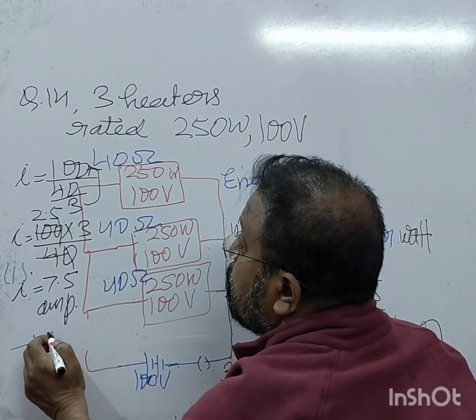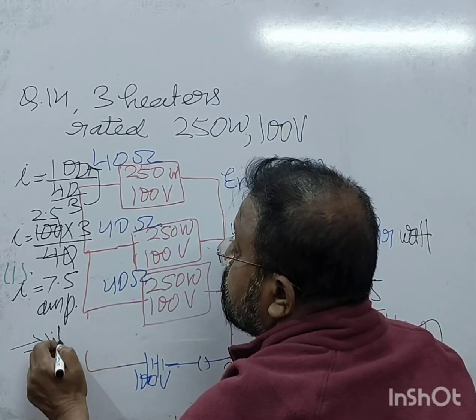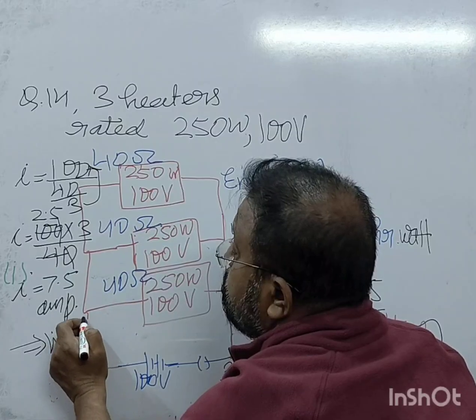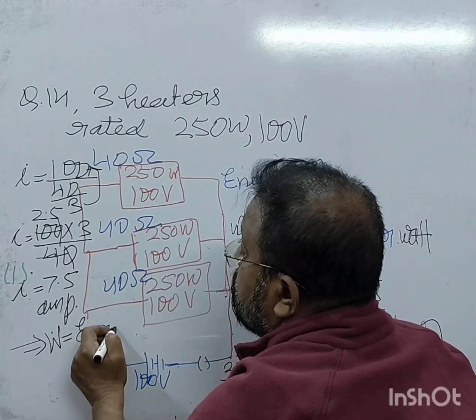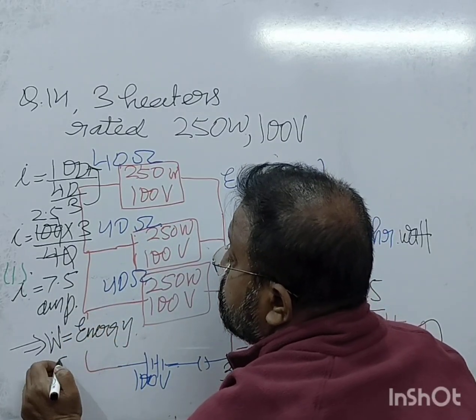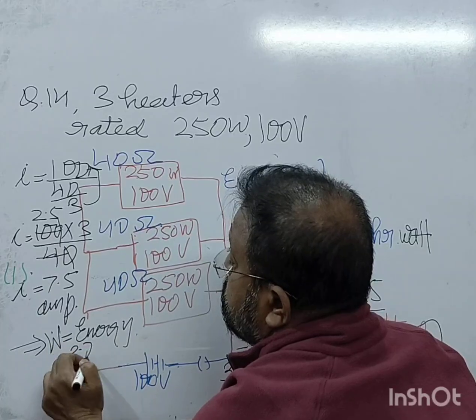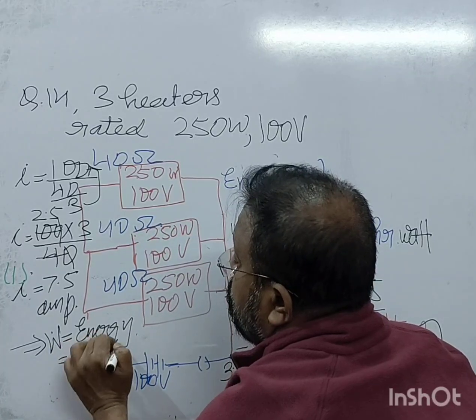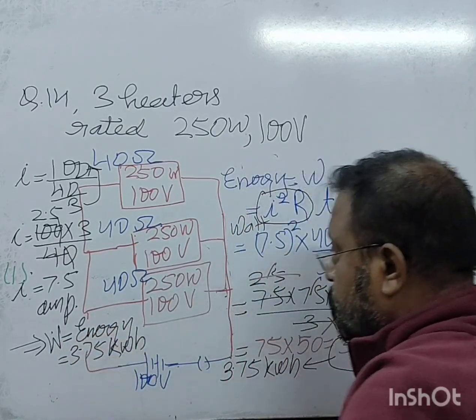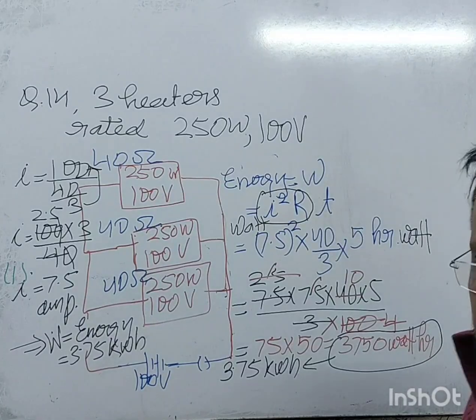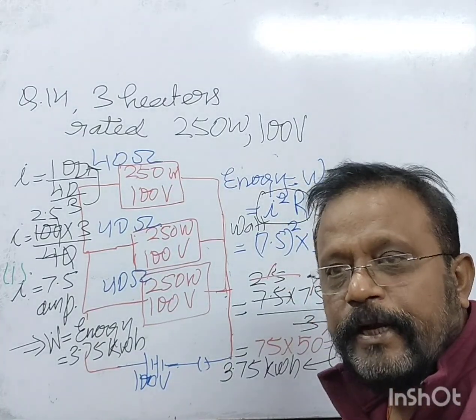So the work, or energy, is 3.75 kilowatt hour. This is the whole solution of the question.